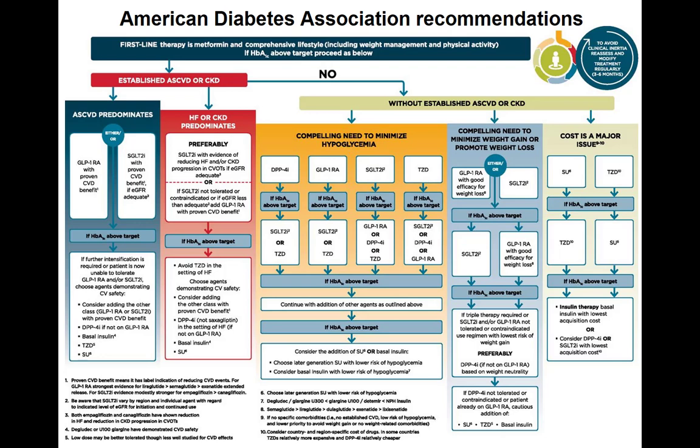And you can see that even in that situation, one of the major drivers for the prescription options is cost. So in the US, patients, if they are fortunate enough, will have private insurance that pays for the cost of these medicines. But even so, there are some medicines that are a lot cheaper than others. And in some cases, the option will be decided on cost rather than the efficacy.